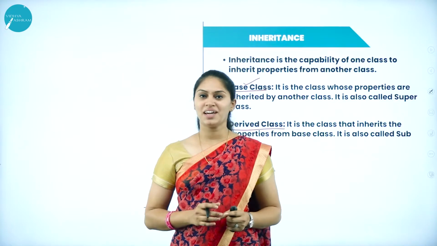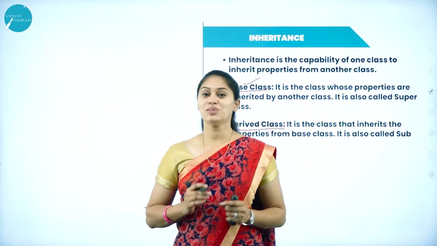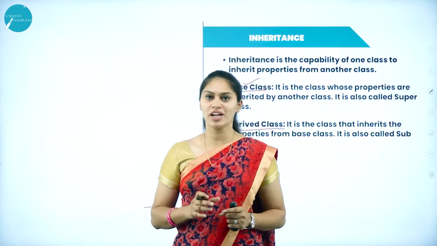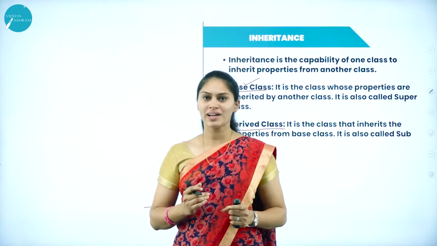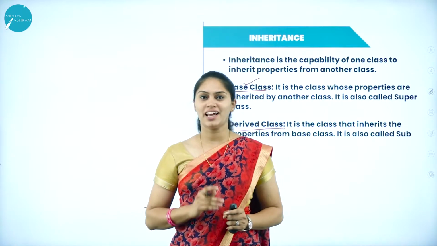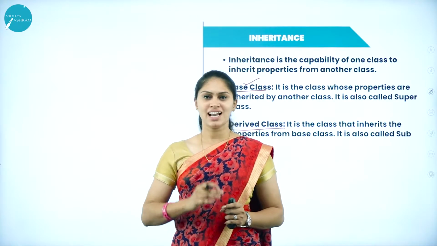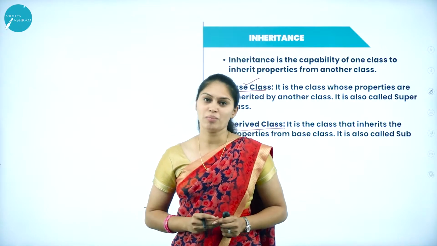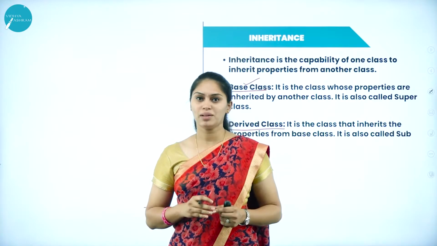In the same way, one class is going to have the features of another class. That means one class is going to inherit or acquire the features of another class. That is nothing but inheritance. Now we'll see which class is giving the properties and which class is going to receive or acquire the properties.